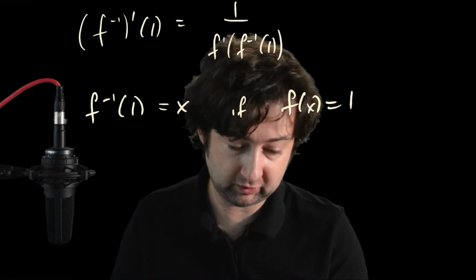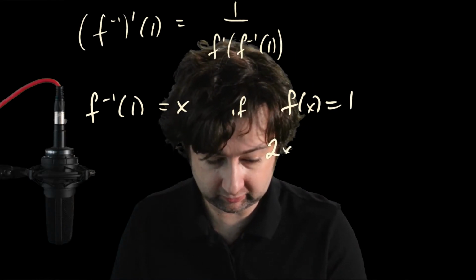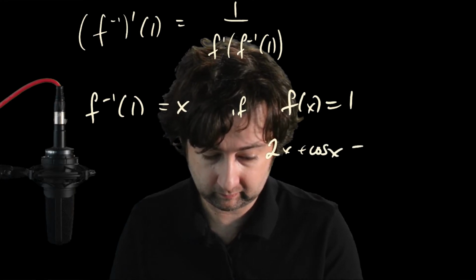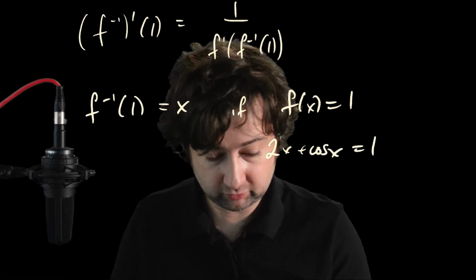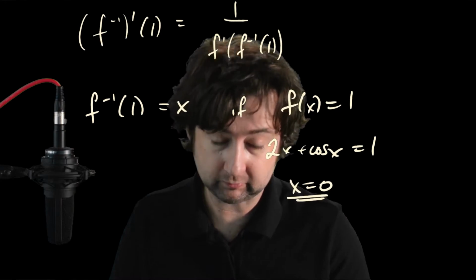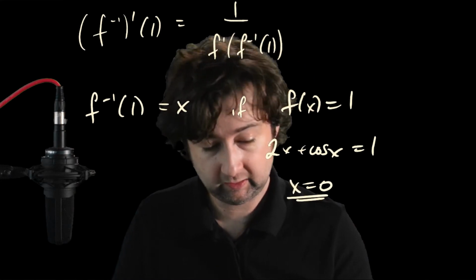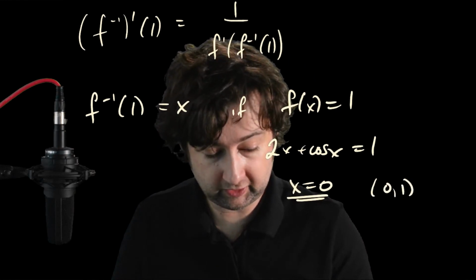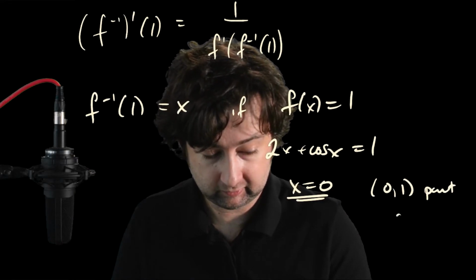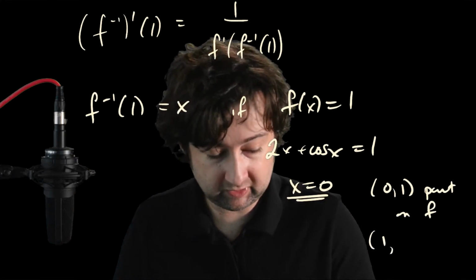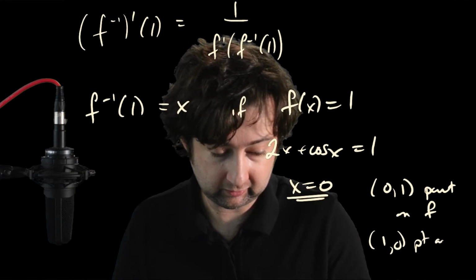And I know the formula for f because it's 2x plus the cosine of x. And this is true when x is equal to 0. Okay, so (0, 1) is the point on f, and that must mean that (1, 0) is the point on f inverse.